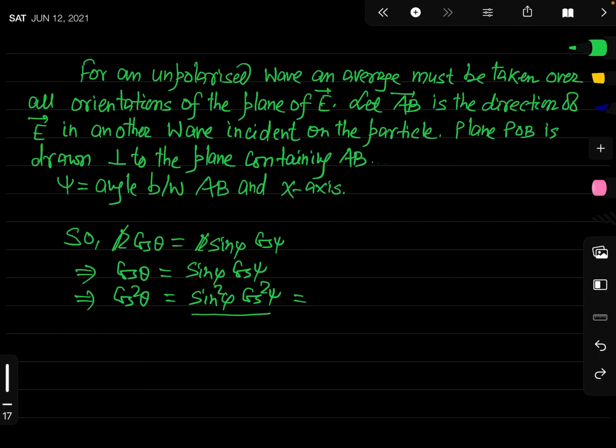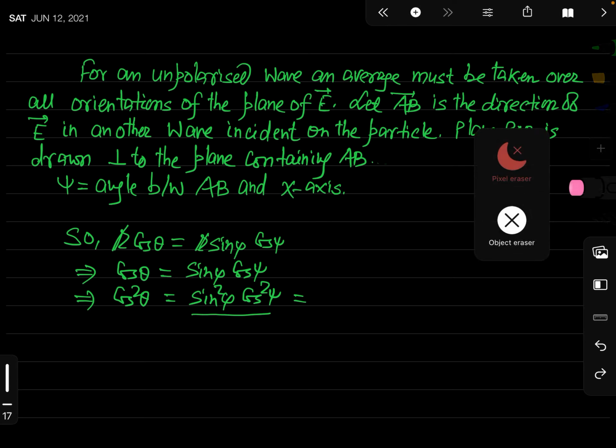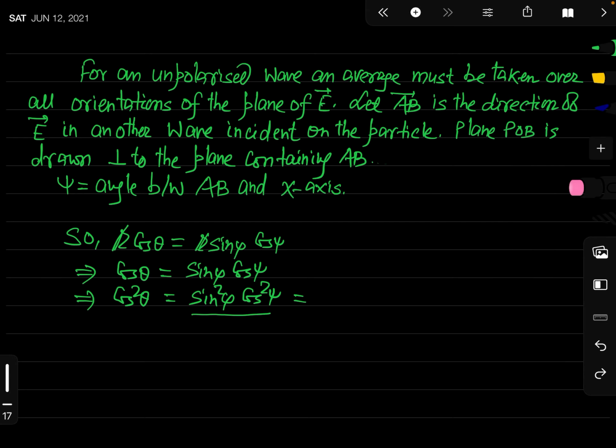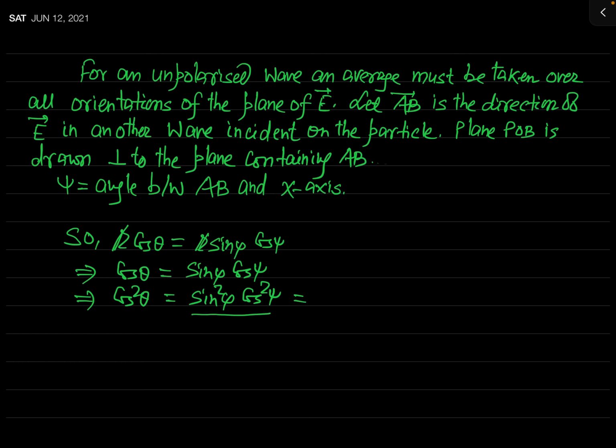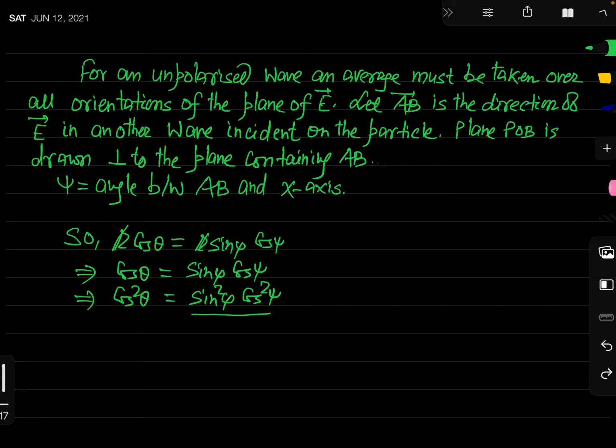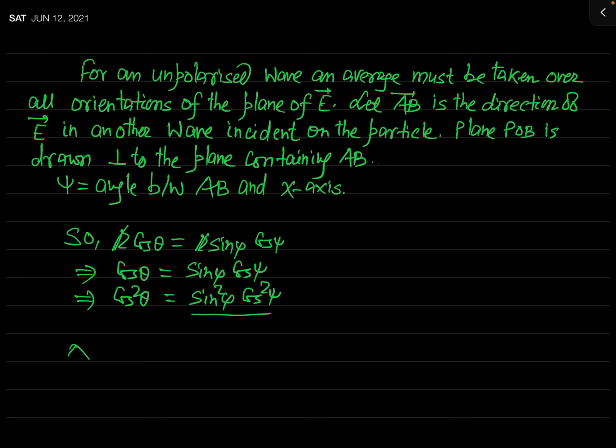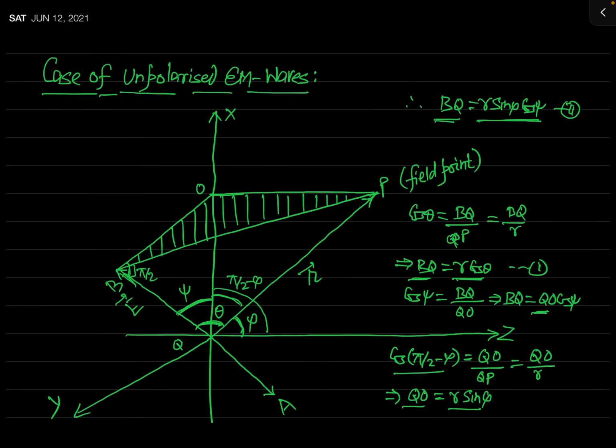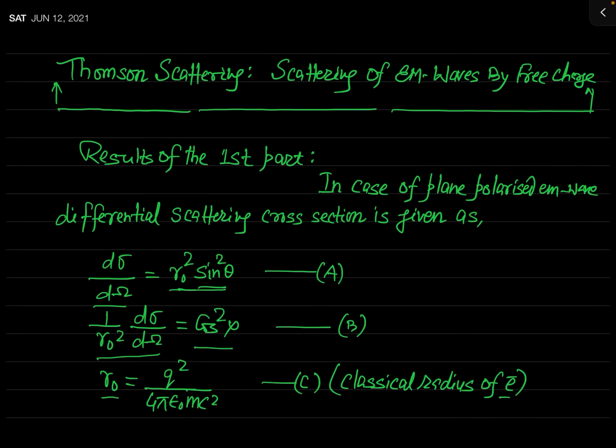See here. First of all, we will calculate the value of sin square theta, because in our expression there is actually sin square theta. Why are we calculating this sin square theta? Because you can see the expression for the differential scattering cross section actually contains sin square theta.